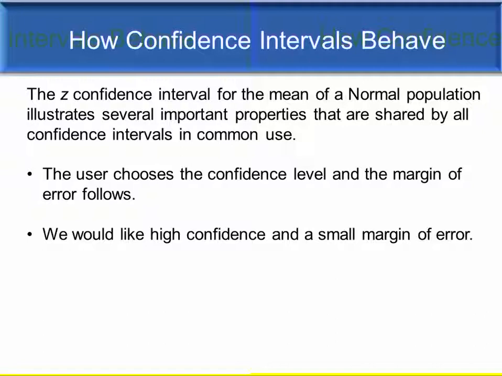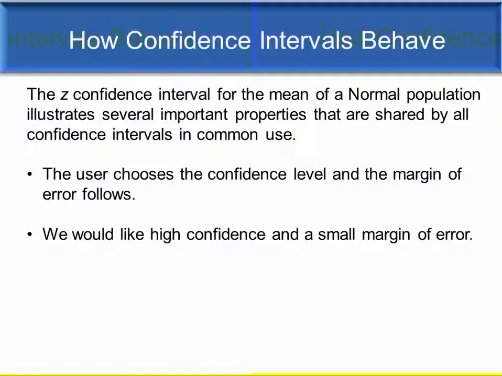It's not really a lot of value if we say that we are 99% sure that the mean falls 100 plus or minus 75. That's a very wide margin of error, and so it's not really that useful. Even though we're 99% sure, it's not useful in practical uses. So we not only want high confidence, but we want a small margin of error.